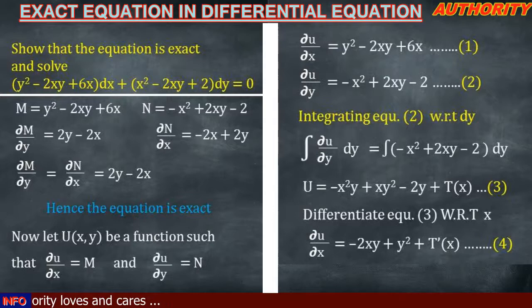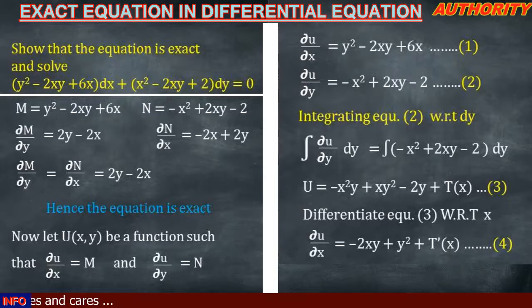Now, let's call this equation 4. So here now we have the partial derivative of u with respect to x is equal to minus 2xy plus y squared plus t prime of x. All right, good. We have found the partial derivative of u with respect to x, and we call this equation 4, right?